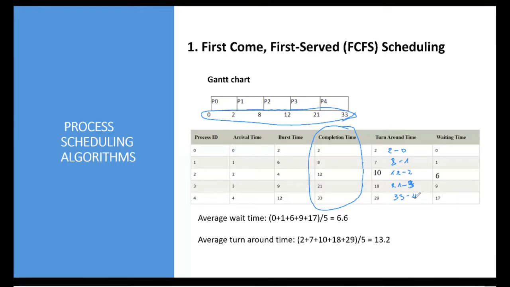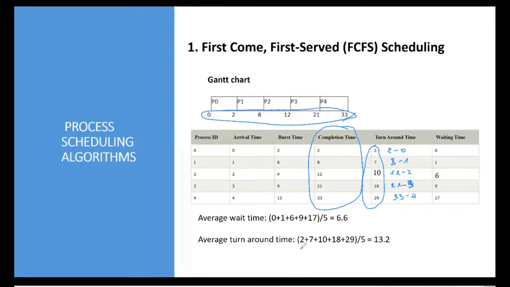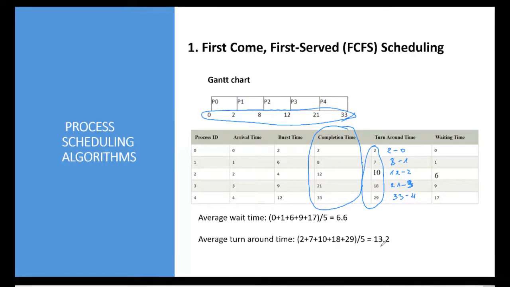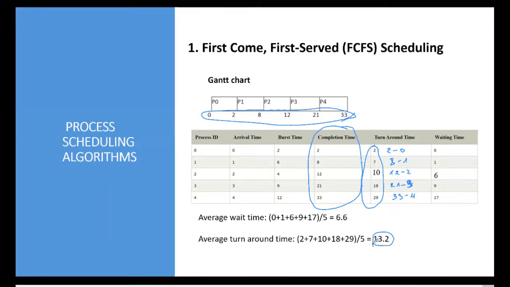So now this is our turnaround time, and you can calculate the average turnaround time, and you will find that each process completion interval will be 13.2 milliseconds.